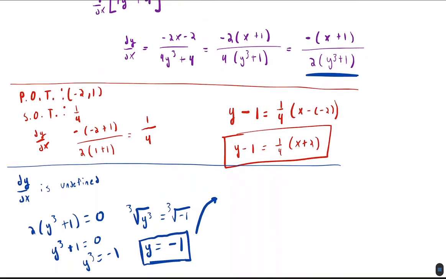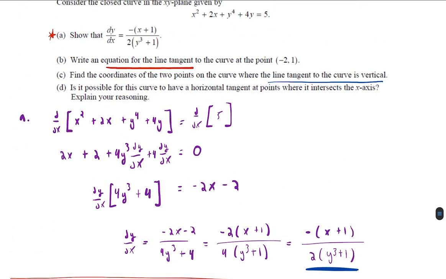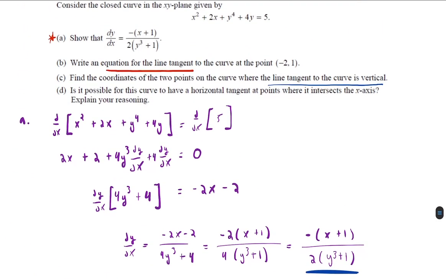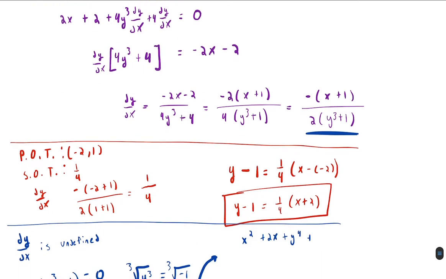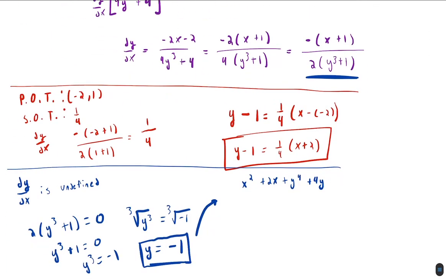So our original equation, remember, was x squared plus 2x plus y to the 4th plus 4y equals 5. And so we would just take this and plug back in -1 and solve for x.